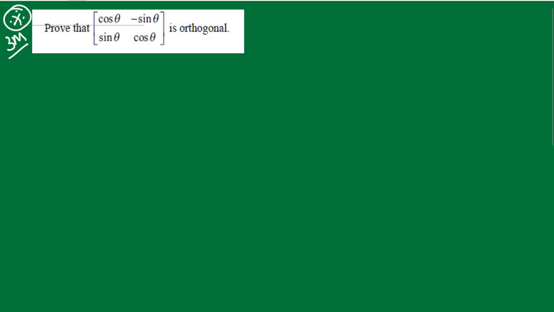Next question. Prove that, it is an important 3-mark question. Prove that the matrix with rows cos theta, minus sin theta; sin theta, cos theta is orthogonal. This is example 1.11, an important 3-mark question. Prove that the given matrix is orthogonal.